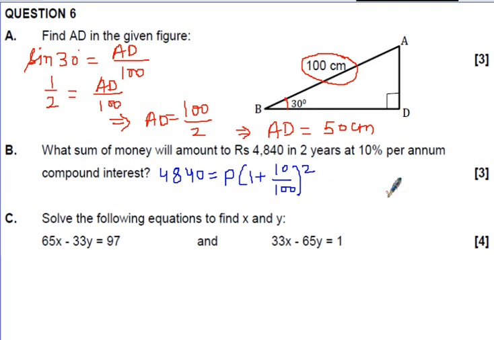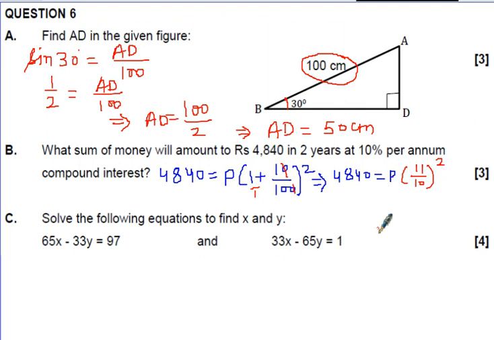So you can make it 0, 0 cancel. And when you solve it, you will be getting 4840. And here we have to find P. So P you can have as it is, and you can take LCM here. So you take upon 1, so 10, or you can write 11 upon 10 the whole square.